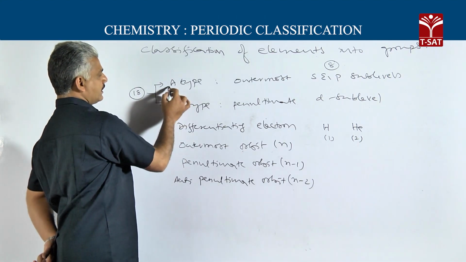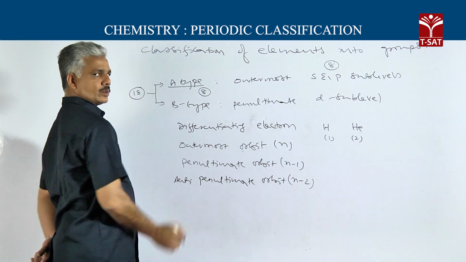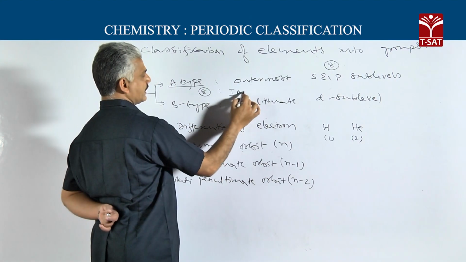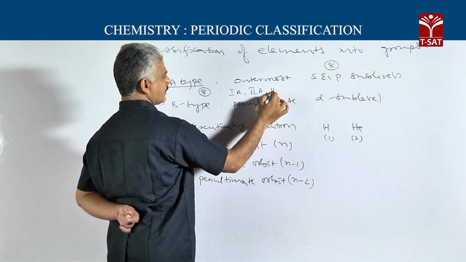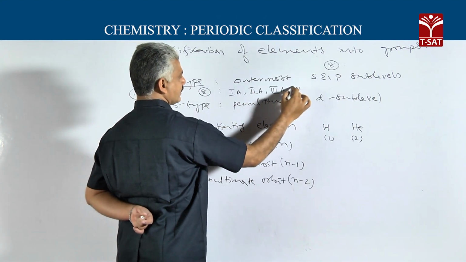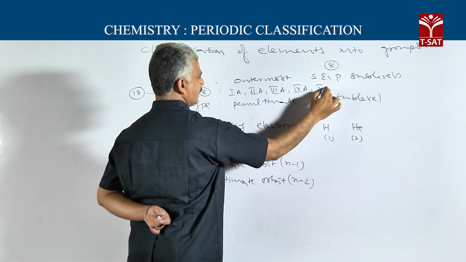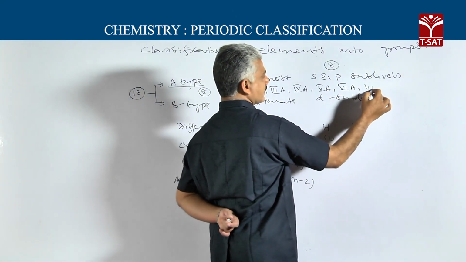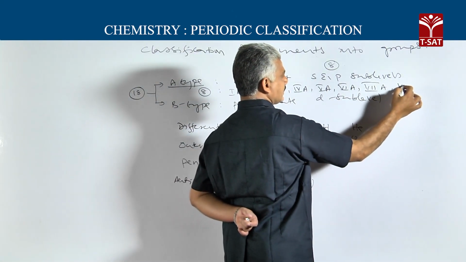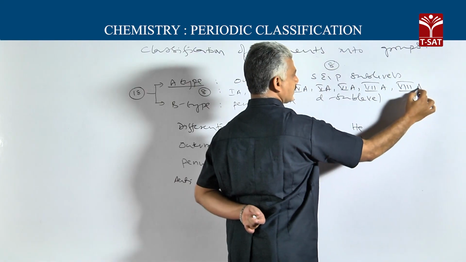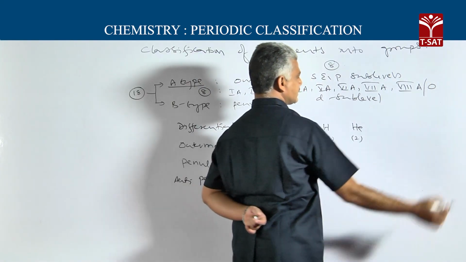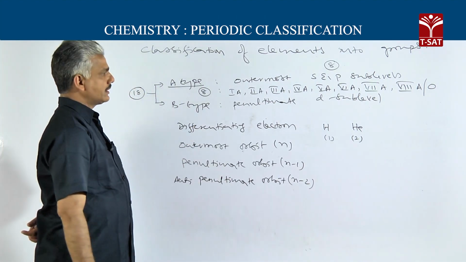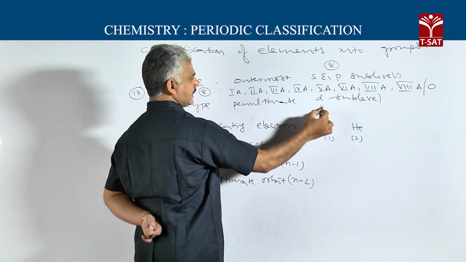That is why there are 8 A type groups, and these are numbered as 1A, 2A, 3A, 4A, 5A, 6A, 7A and 8A. 8A is also called the 0 group. Similarly, a D sublevel can accommodate a maximum of 10 electrons.